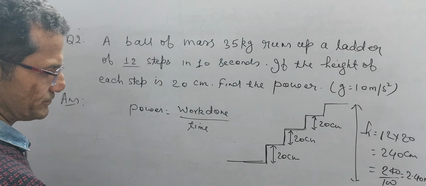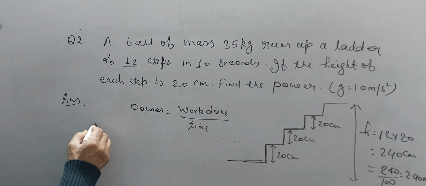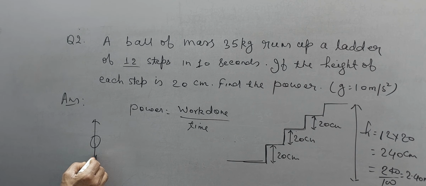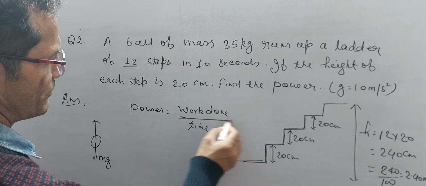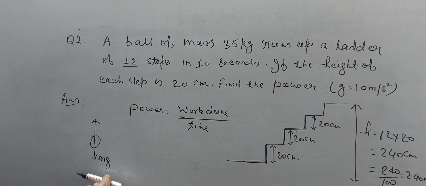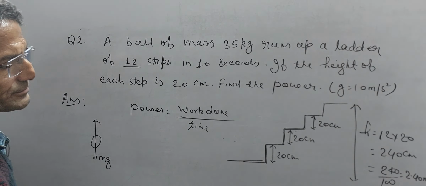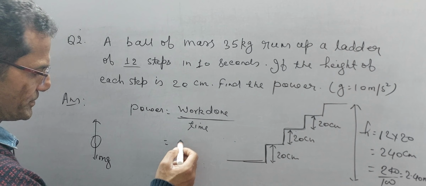We know that when the ball is going in the upward direction, its weight is acting vertically downwards. So we have to do the work against gravity. Suppose the total height is h.